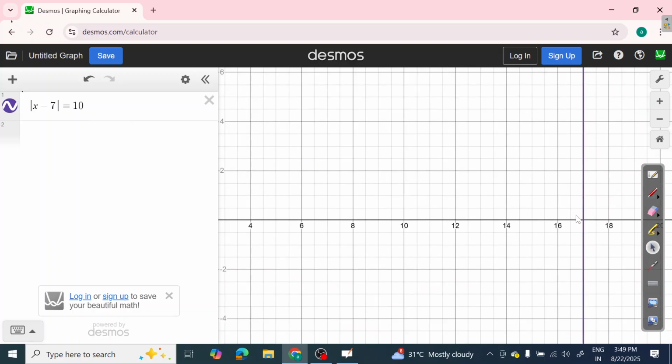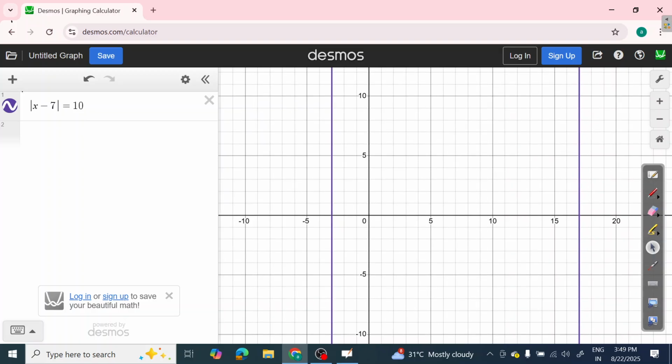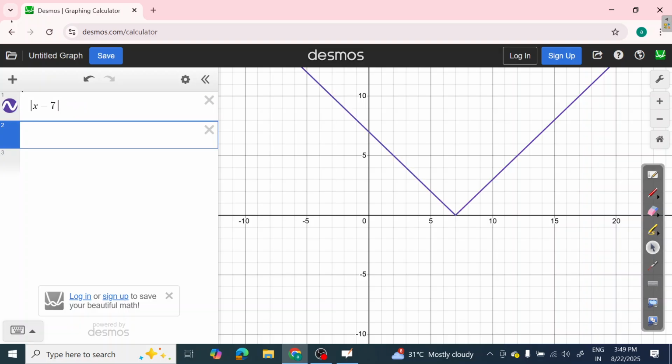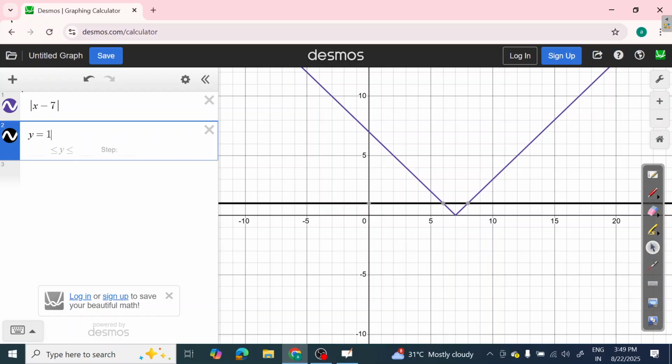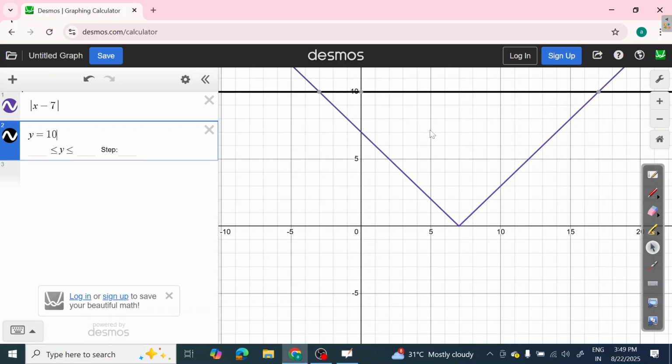What you have to do to read this point carefully is break your equation into functions. So in the next line, I'll write the left hand part on top and the right hand part y equals 10. Now can you see the two lines? Wherever these two lines intersect, that will be my answer, right? So it is negative 3 and 17. It has two solutions.